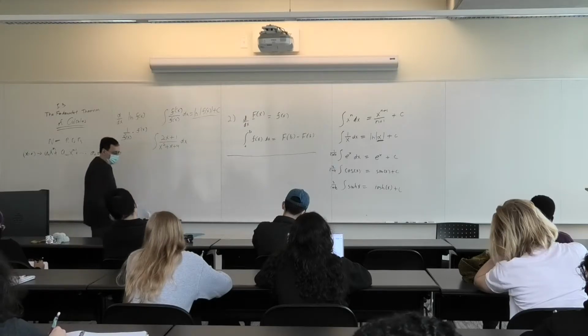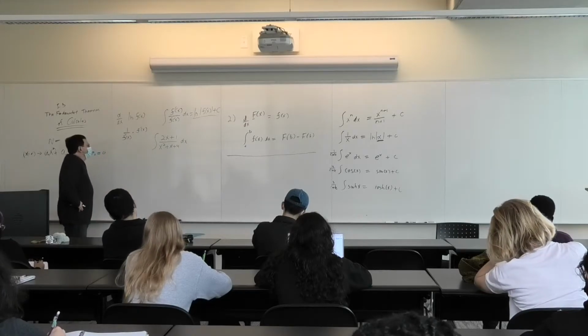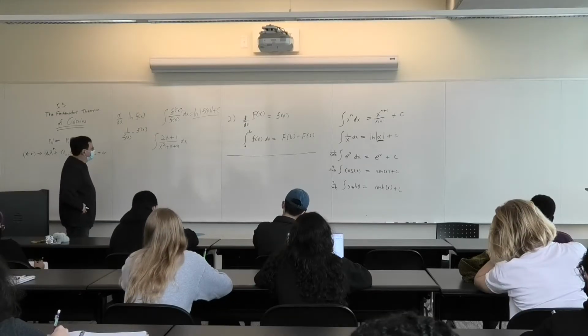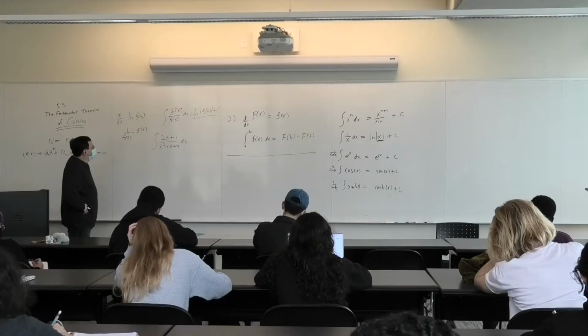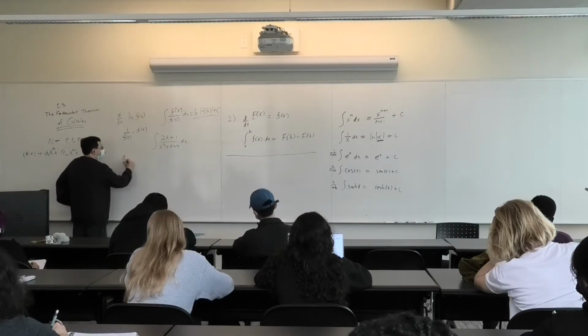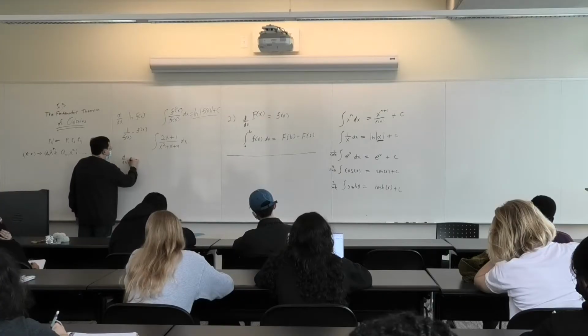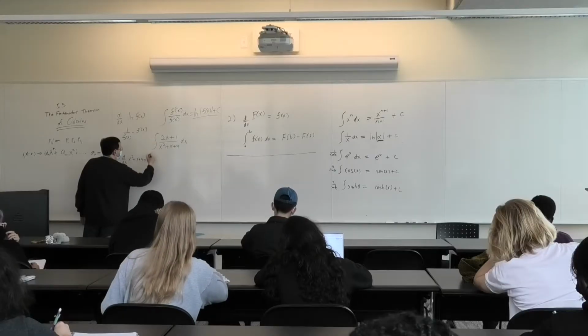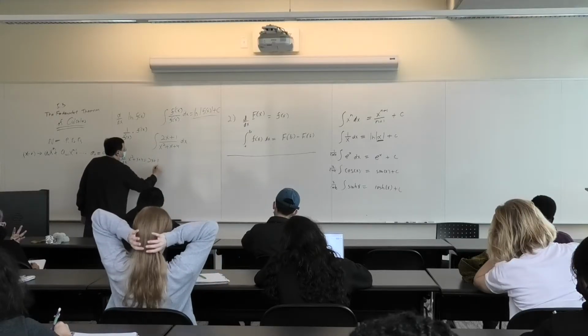So I'm given this as a problem. There are other strategies to go at this, but the quick one here is to notice that the derivative of x squared plus x plus 4 is just what we have on top, 2x plus 1.